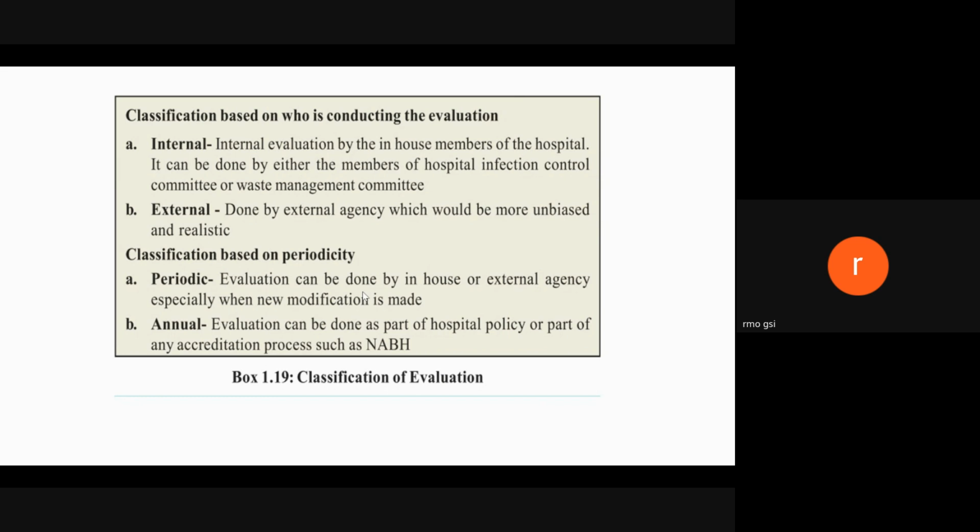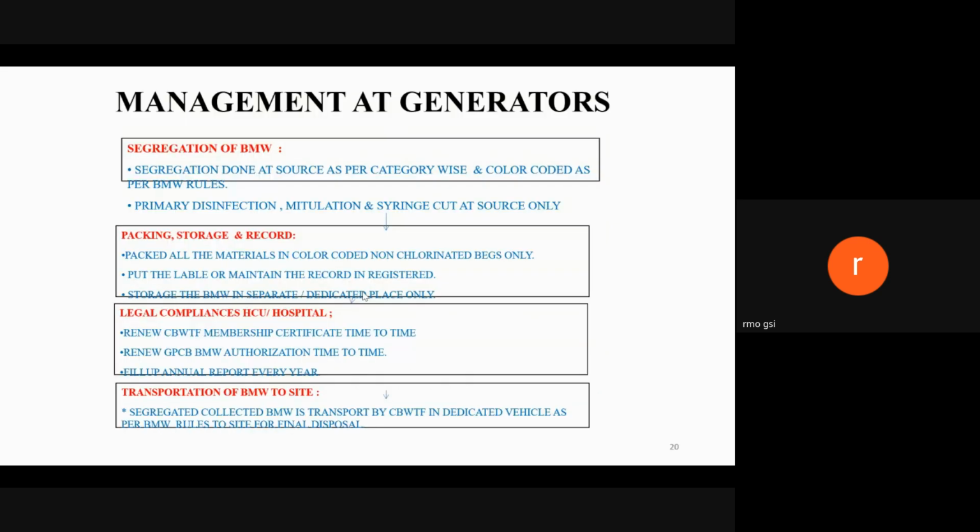So the classification of the evaluation depends on the person, on internal or external, or on the periodicity. The external agency cannot conduct regular monthly evaluation. They come on a quarterly or six-monthly basis and evaluate the implementation of waste management. The reporting to the authority is also one type of evaluation they do on the basis of the data provided.